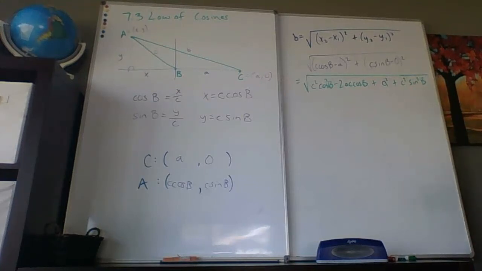We will reorder them so that the C squareds are adjacent. So we get the square root of C squared sine squared B plus C squared cosine squared B minus 2AC cosine B plus A squared.